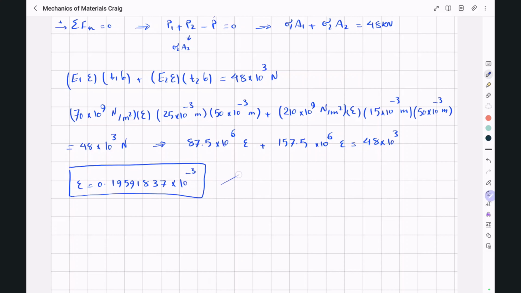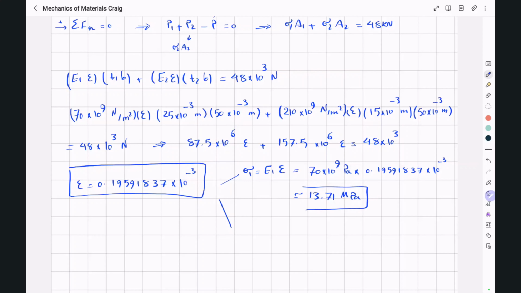And now sigma 1 will be equal to E1 epsilon, or 70 multiplied by 10 to the power of 9 Pascal, multiplied by this value, which is approximately equal to 13.71 megapascal. So this is our sigma 1.